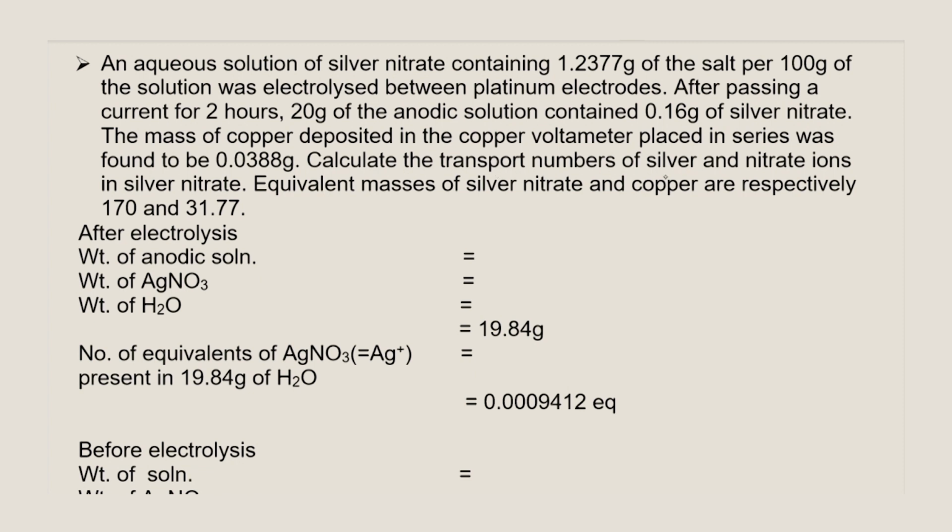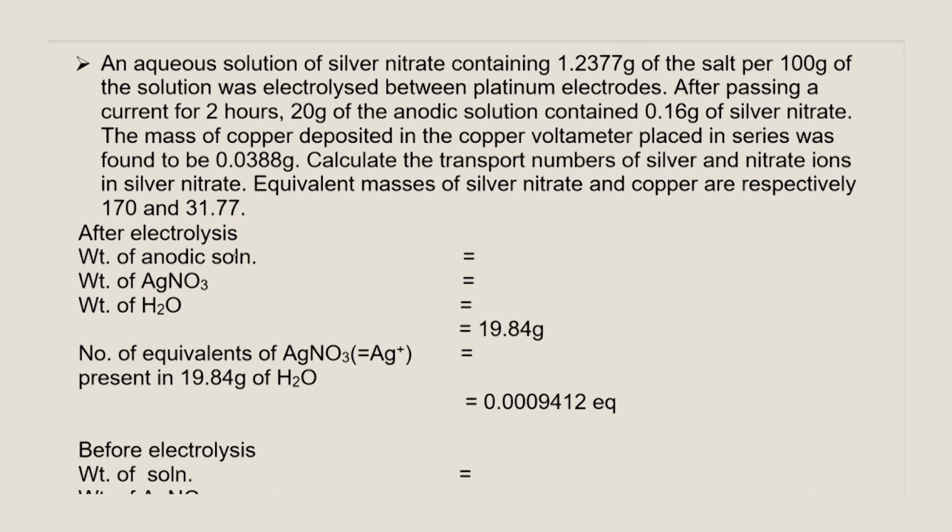Calculate the transport numbers of silver and nitrate ions in silver nitrate. The equivalent masses of silver nitrate and copper are respectively 170 and 31.77. When we do such a problem, there is something to be noted. I will specify that when the problem is done.